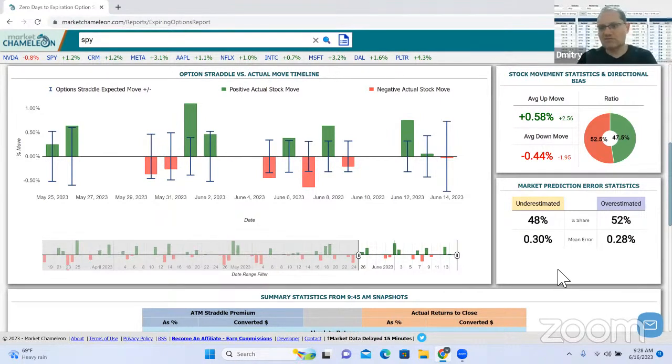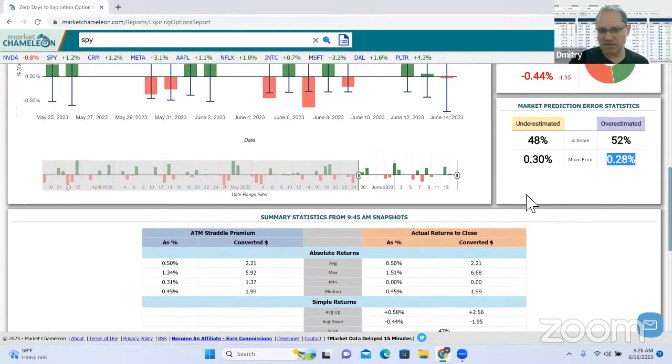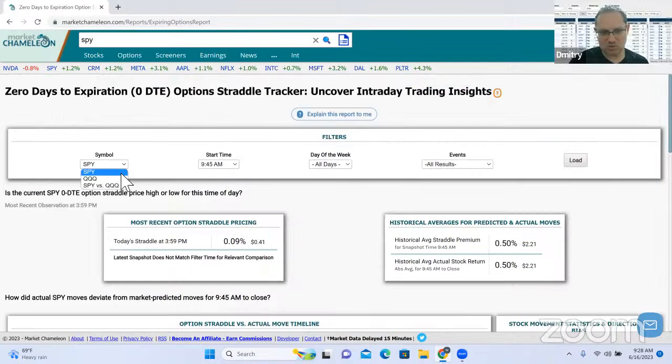In other words, if on average the straddle was priced for a 1% move, when it underestimated, the average move was 1.3%. Okay. What about the times it overestimated? It overestimated by an average of 0.28%. It's kind of even there. So that you could do for SPY and QQQ.